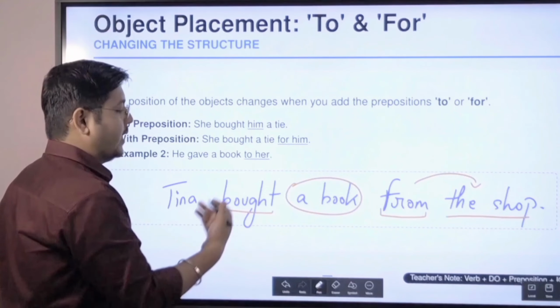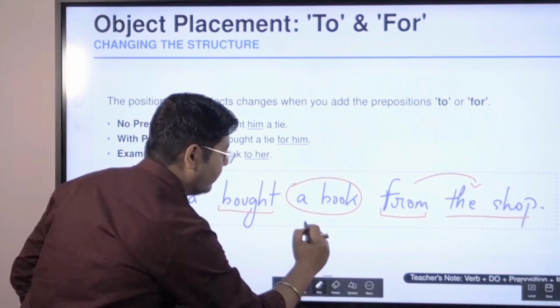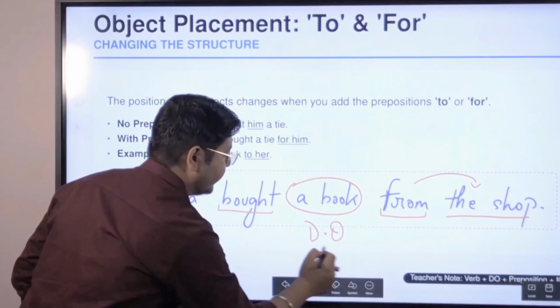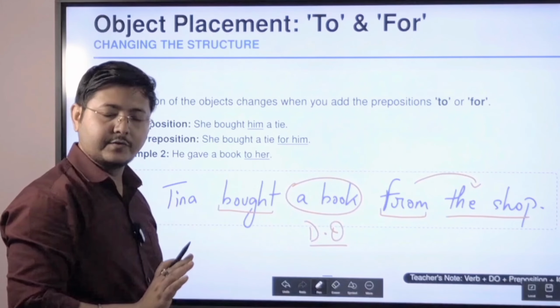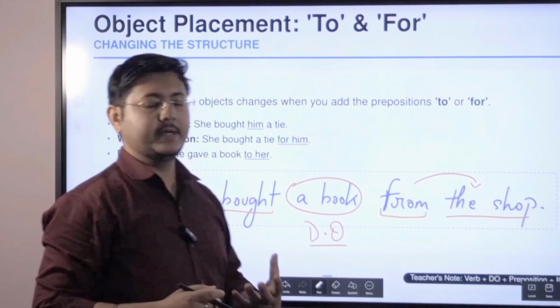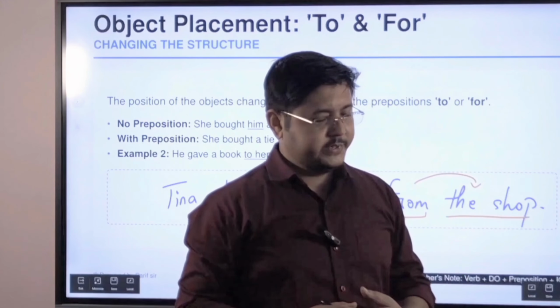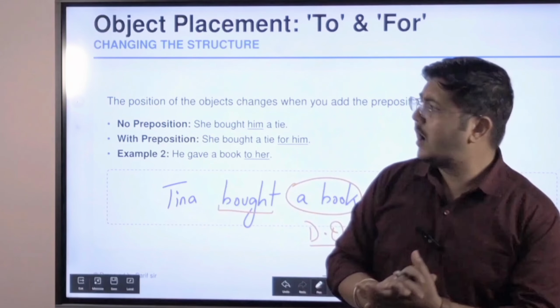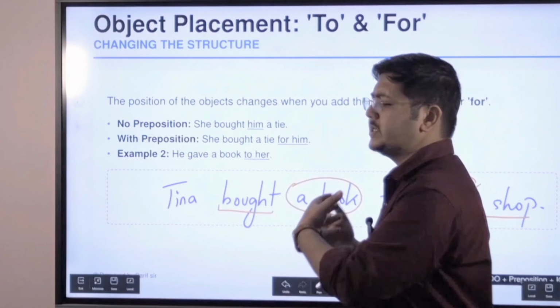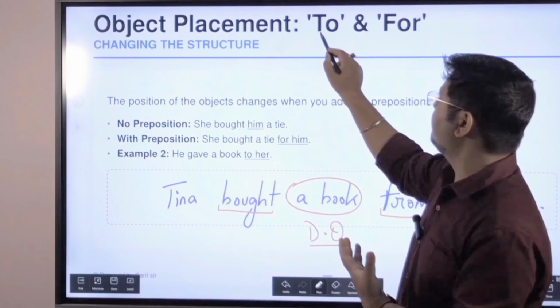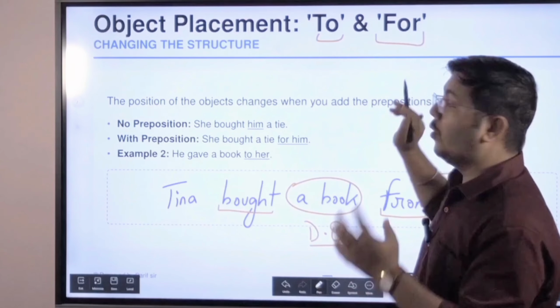So here it has only one direct object of the verb, which is a book. This is the direct object, and that you don't have to identify. I hope it's clear regarding what direct objects are, what indirect objects are, and how their positions change depending upon the use of to or for only.